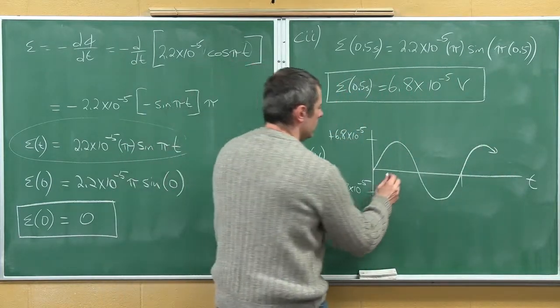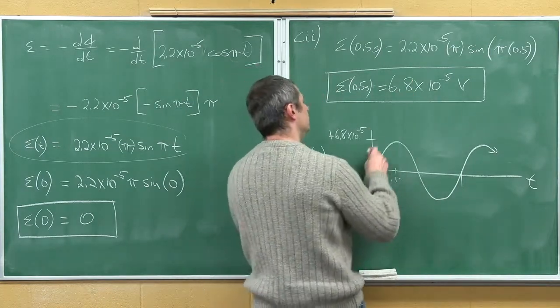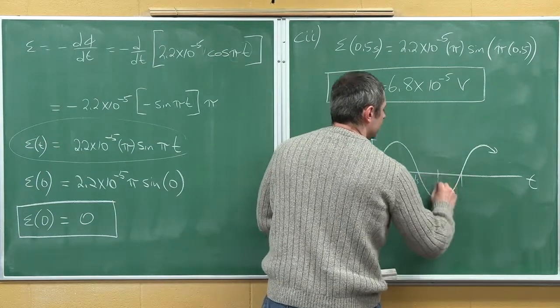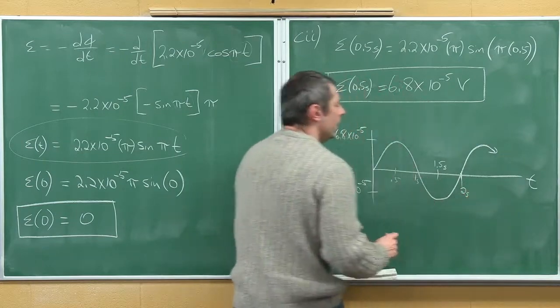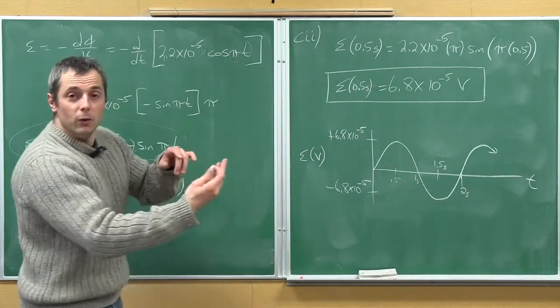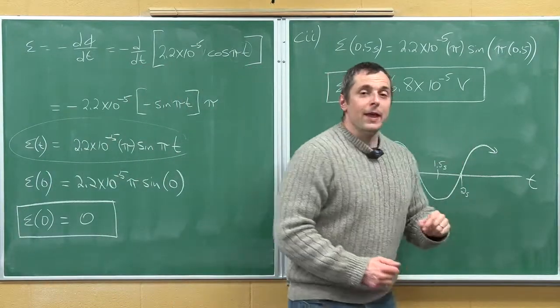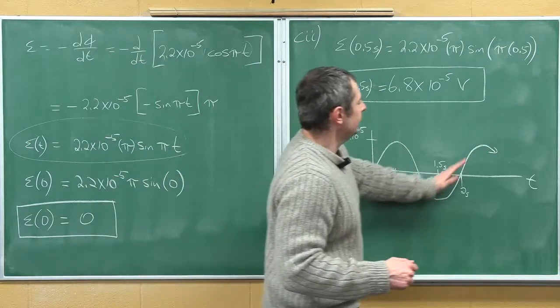This right here was 0.5 seconds. As we figured out, the sine went up to its peak value. So this is obviously 1 second. This is 1.5 seconds. And this is 2 seconds. Our coil has completed 1 rotation, and our voltage has oscillated through 1 cycle. And as we keep spinning that coil, we get alternating voltage.